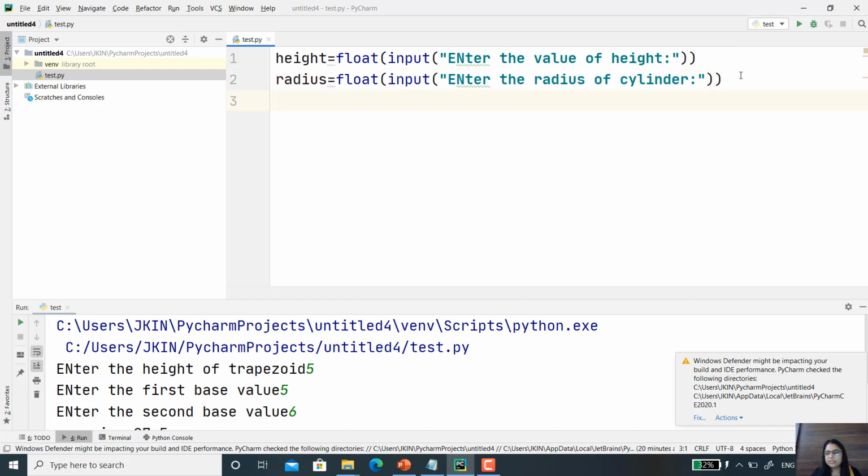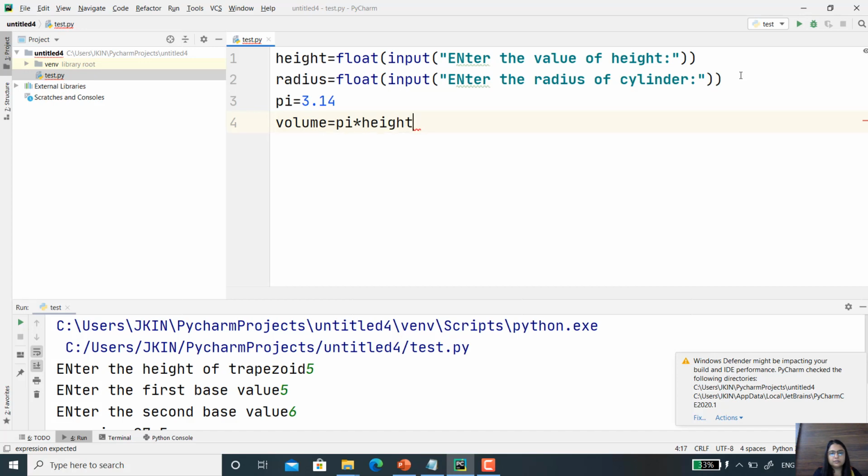Now next I'm defining the value of pi, that is pi equals 3.14. Now next we will write the equation for volume, that is volume equals pi multiplied by height multiplied by radius and then multiplied by radius, because we know the equation of the volume is pi r square into h.